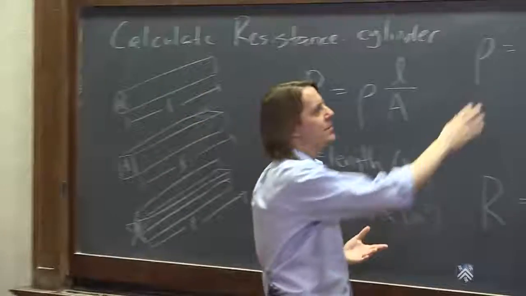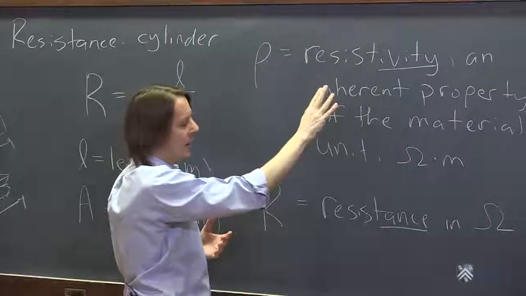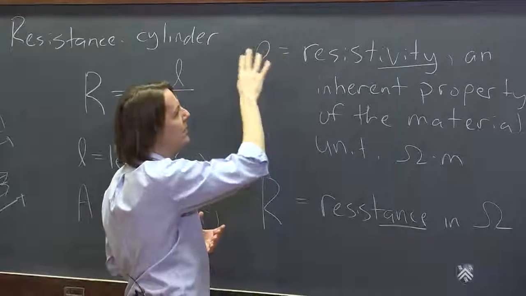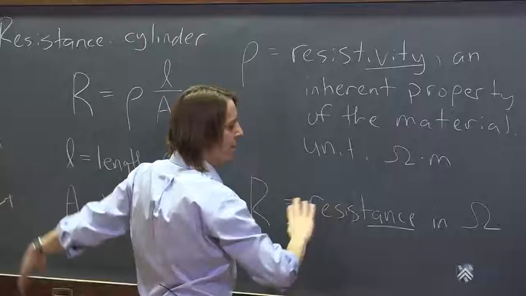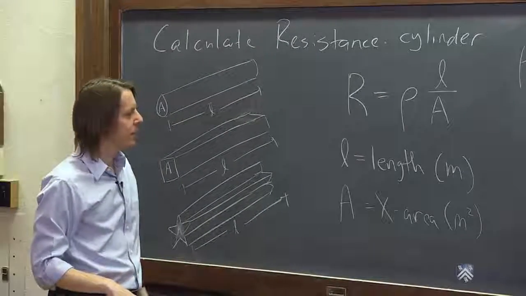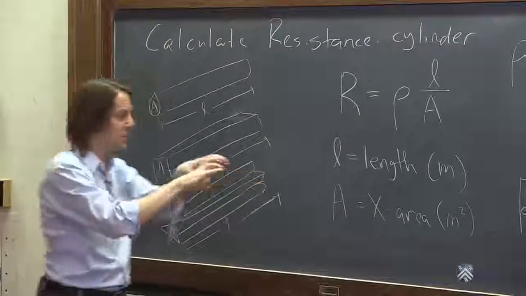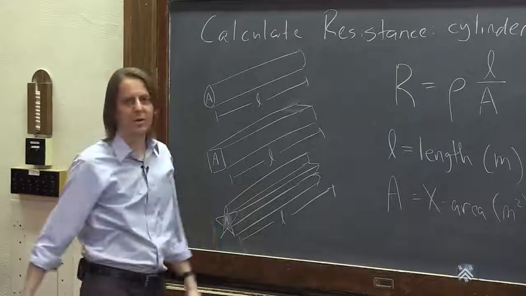So here, resistivity is the intrinsic property. I wrote inherent, I meant to say intrinsic. And that's true of any piece of that material. But if you make a certain geometry, a certain shape, then you get the resistance, which is the extrinsic property. The extrinsic property is the actual thing, which is why it goes into Ohm's law. That's the thing you've actually stuck in the circuit.